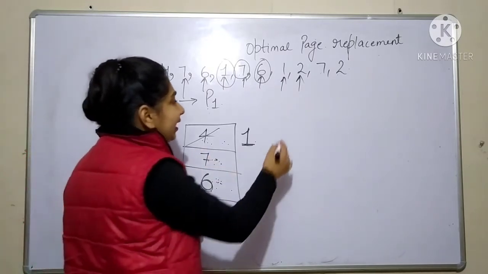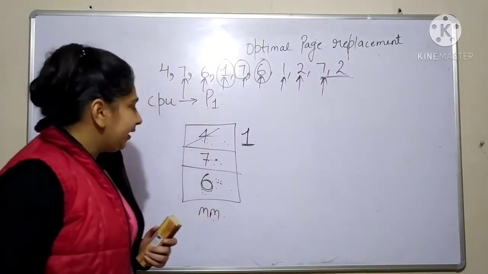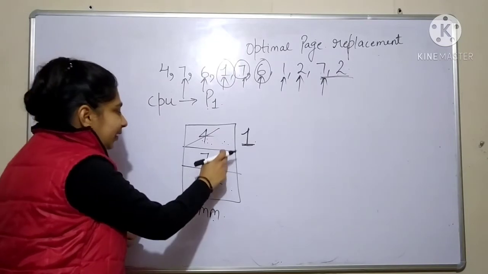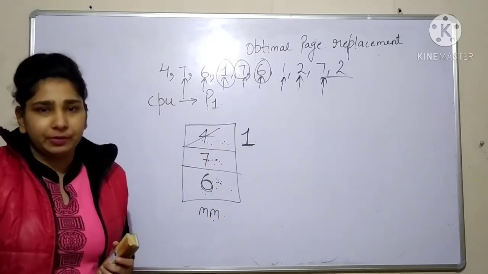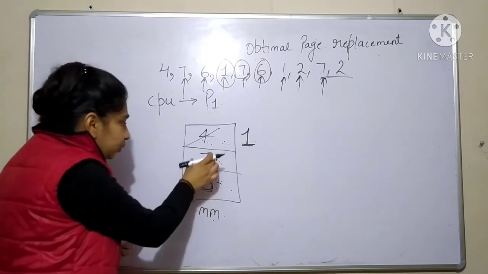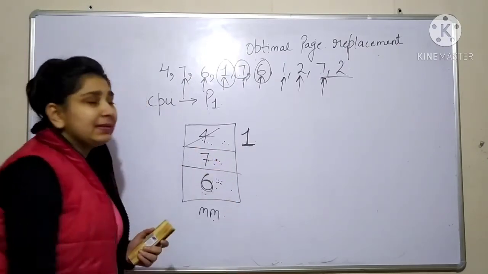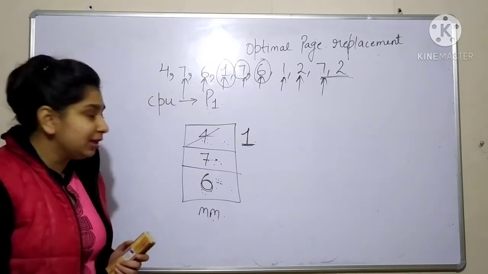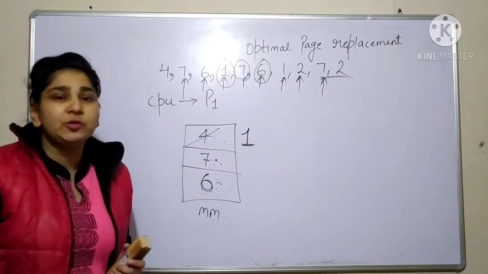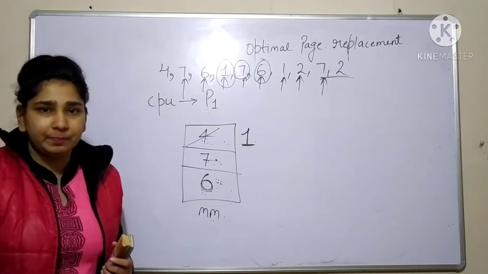If you look at the future, we need 7th page. Out of all these 3 pages, 7th page is needed in the future. If you now push out this page from main memory, in the future again you have to transfer this page from hard disk to main memory.